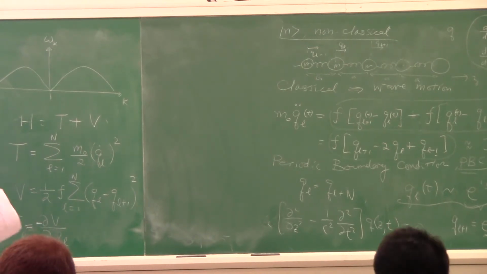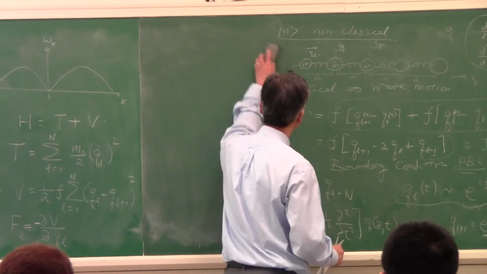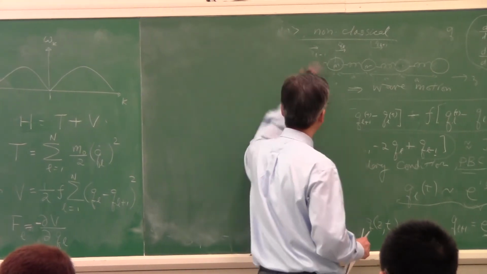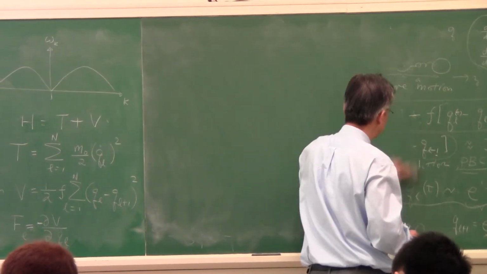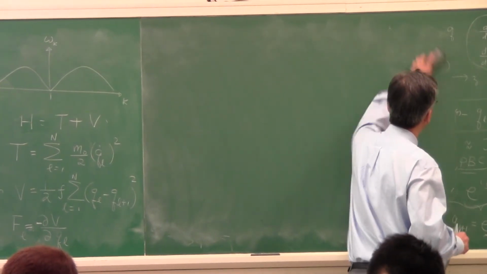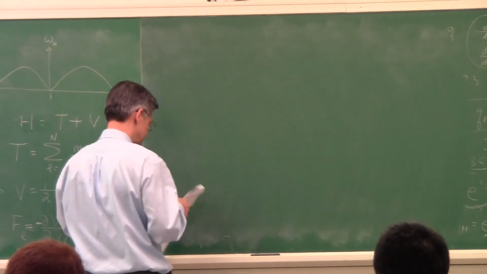So we can also have a Hamiltonian representation of this problem. And we need this Hamiltonian because we know that the quantum system has a Hamiltonian too. So we use the Hamiltonian as the bridge between the classical system and the quantum system.